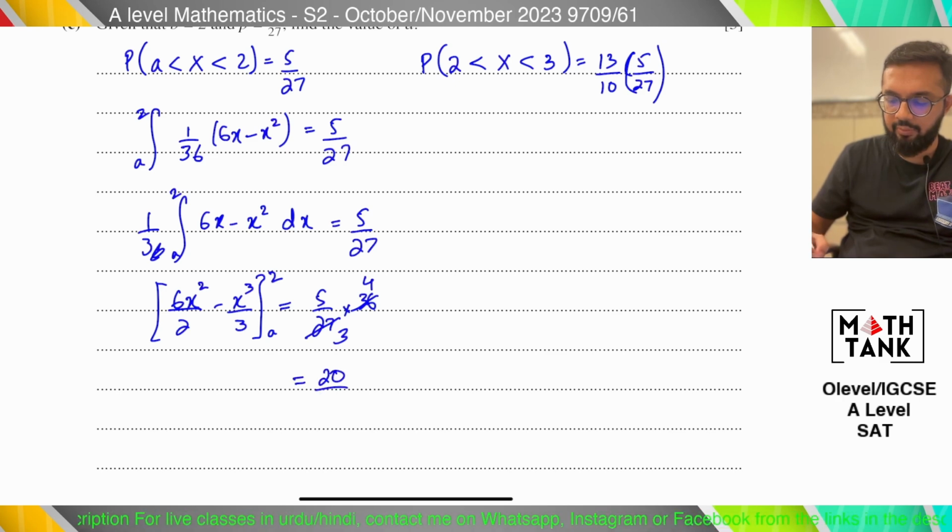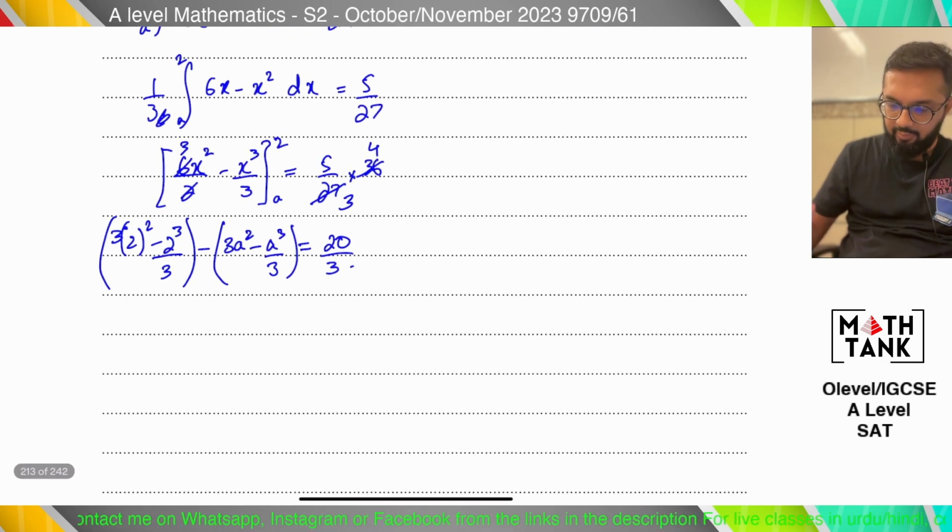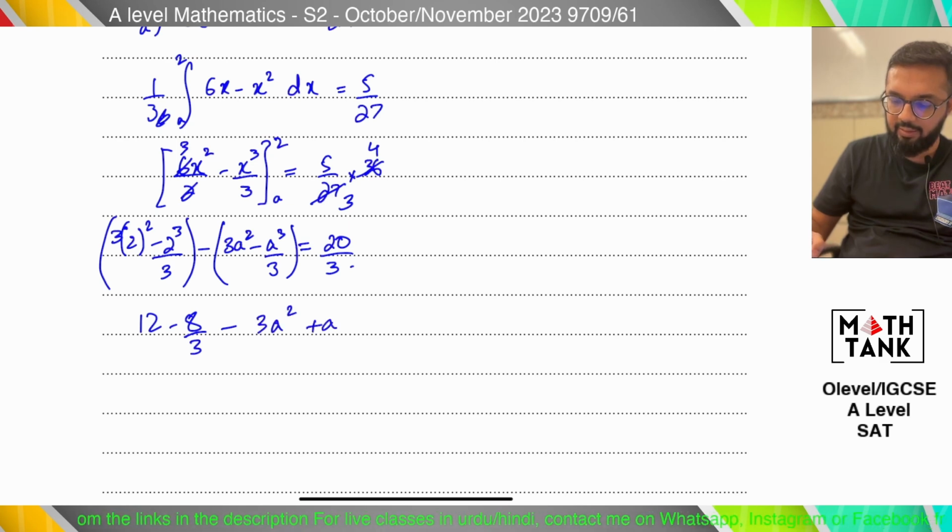Twenty over 3. 6 times 2 squared, sorry, 3, well, that's 3. It's easier to write down: 3 times 2 squared minus 2 cubed over 3, minus 3 times a squared minus a cubed over 3. So 12 minus 8 over 3 minus 3a squared plus a cubed over 3.